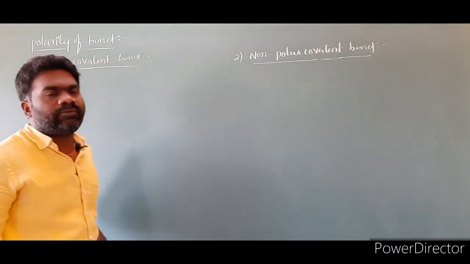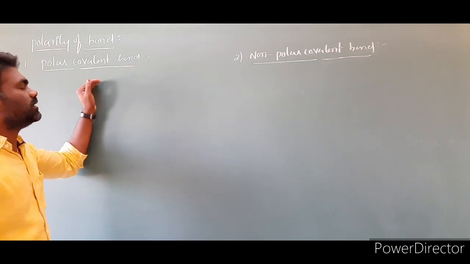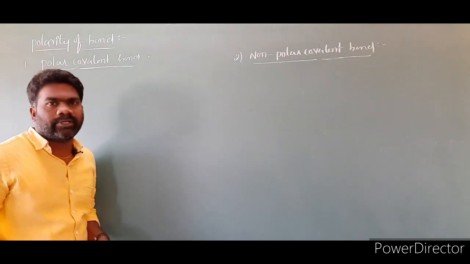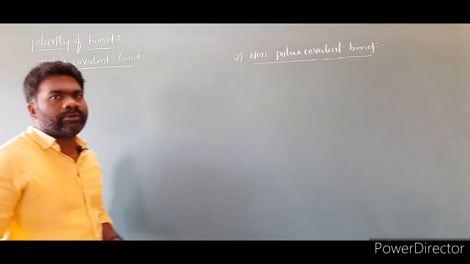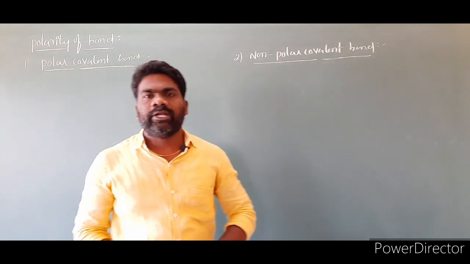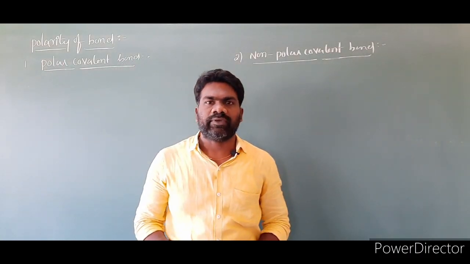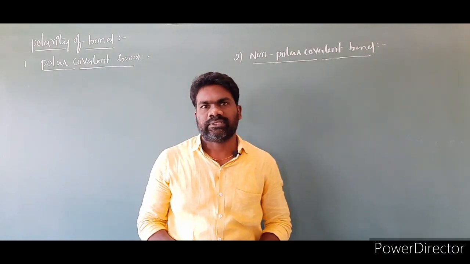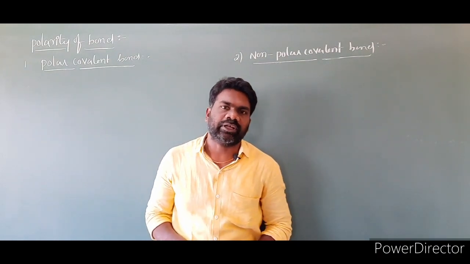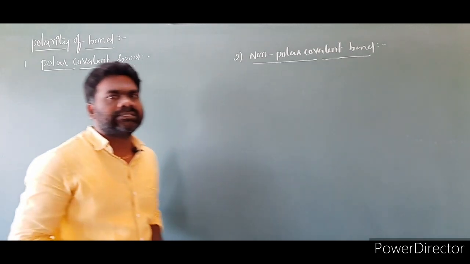Now let us discuss one by one in detail. The first one is a polar covalent bond. So what is a polar covalent bond? A polar covalent bond is formed between two atoms having large electronegativity difference. Let us understand the exact meaning of this statement by taking some examples.